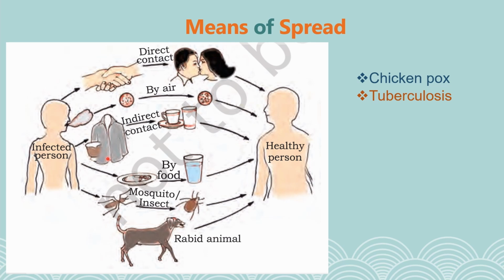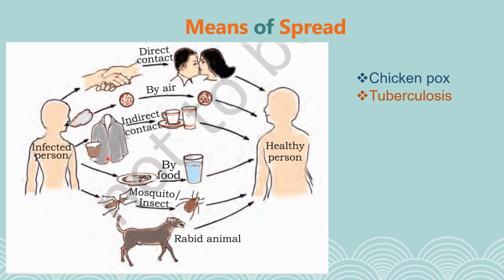Next one is indirect contact. Even if there is no direct contact, if you use articles like clothes, a mug, a cup, whatever it is, which were used by the infected person, then also we can get affected, because microbes which cause that particular disease may be attached to those articles from the infected person.